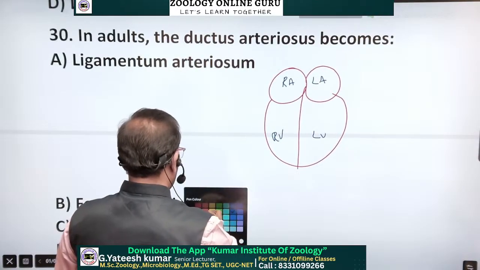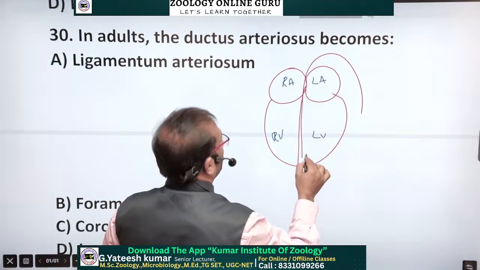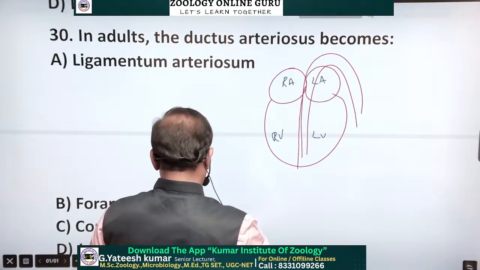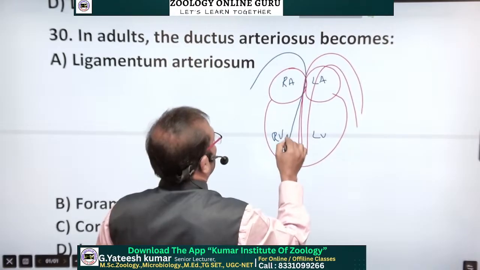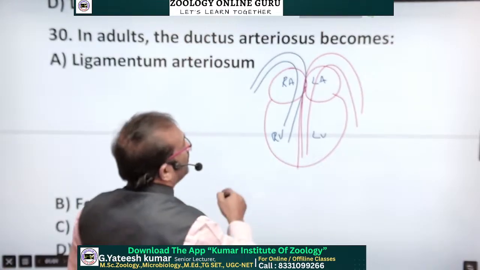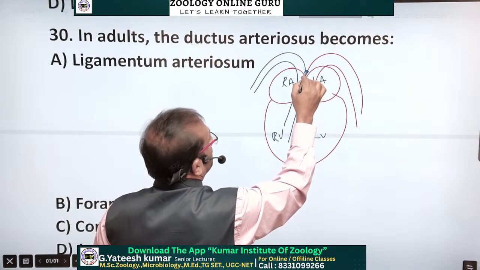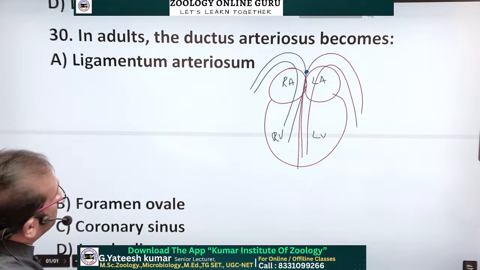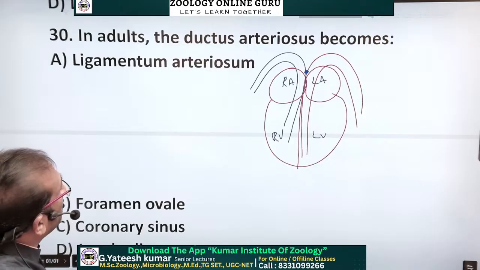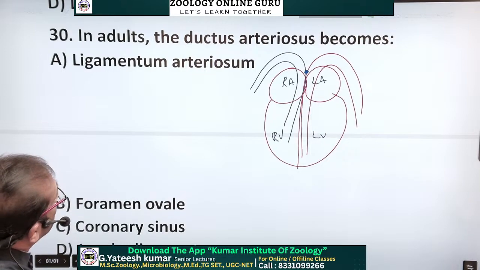From the left ventricle a blood vessel comes outside, and from the right ventricle a blood vessel comes outside. Wherever there is a joint link, this link is known as the ductus arteriosus. So the link between the systemic artery and the pulmonary artery is called the ductus arteriosus.